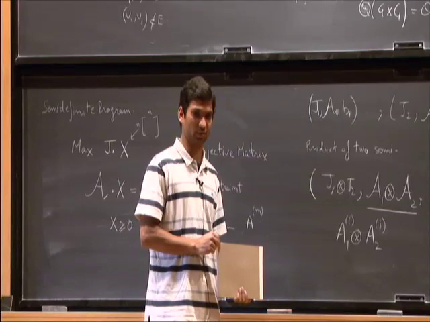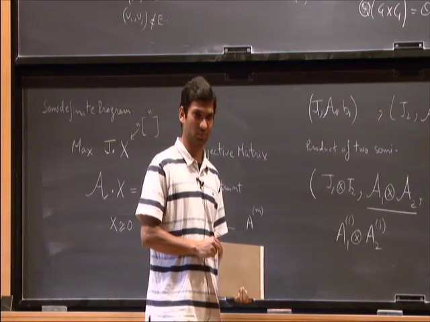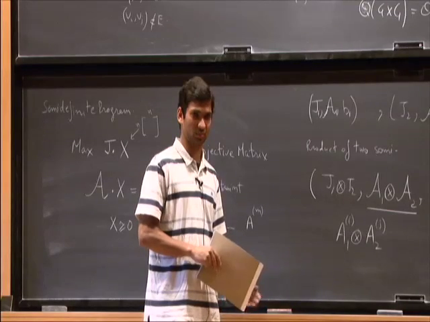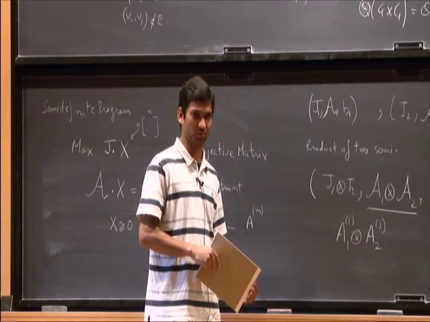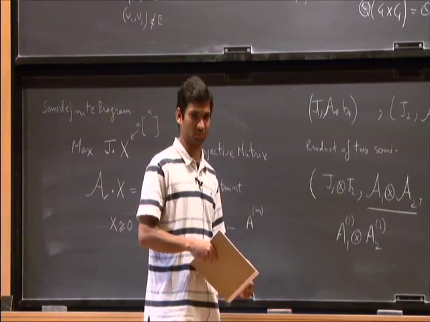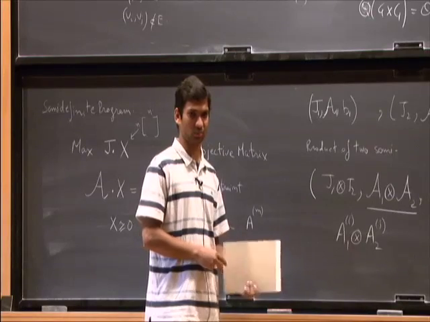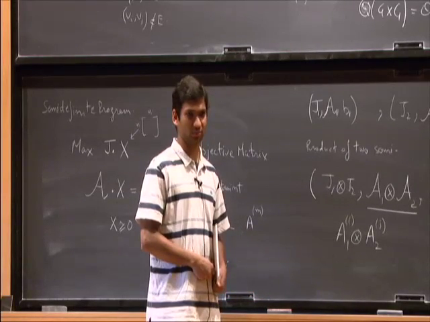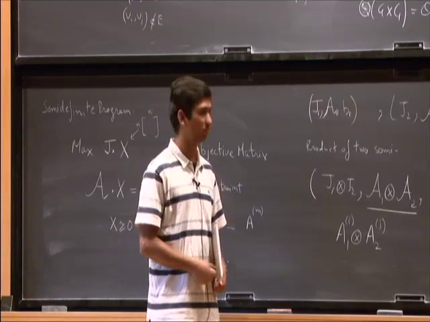Maybe one way to think about it is not to think about X as a matrix. X is just a vector, J is just a vector, and K are just vectors. So you ignore the fact that it's a matrix. I don't think that helps. I will try to explain why it helps.